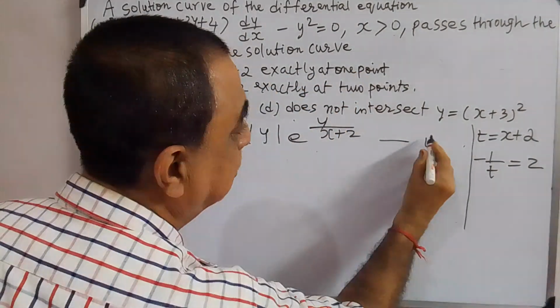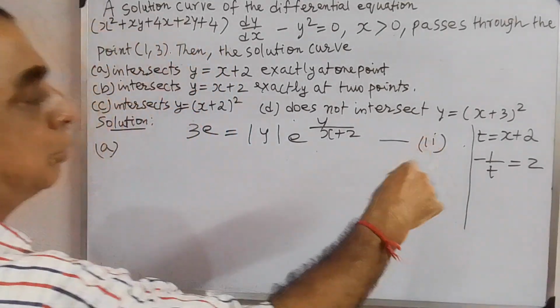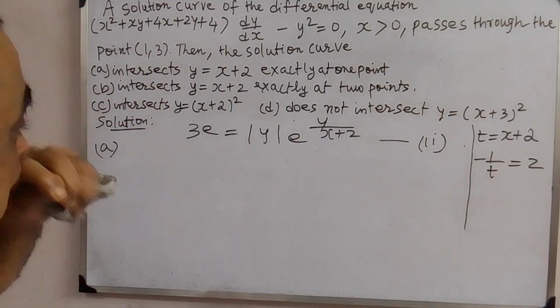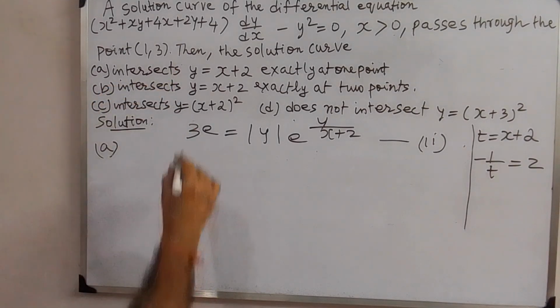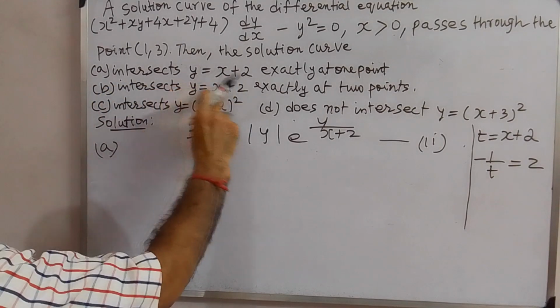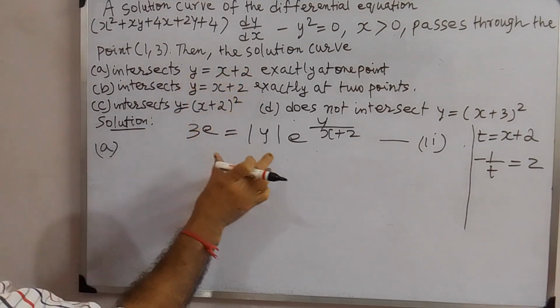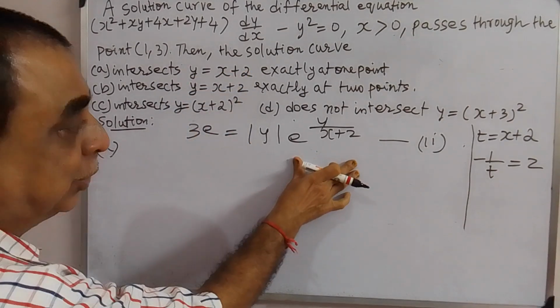So let this equation be equation 2, because earlier we have taken 1. Now we have to check this. If the equation of the line satisfies this equation.